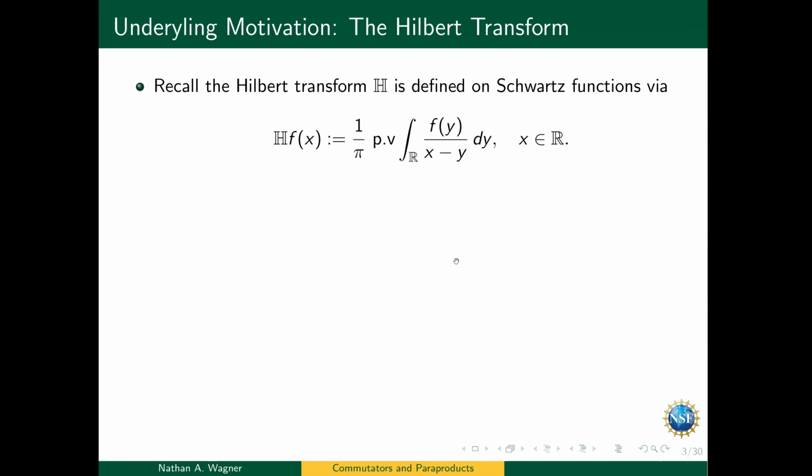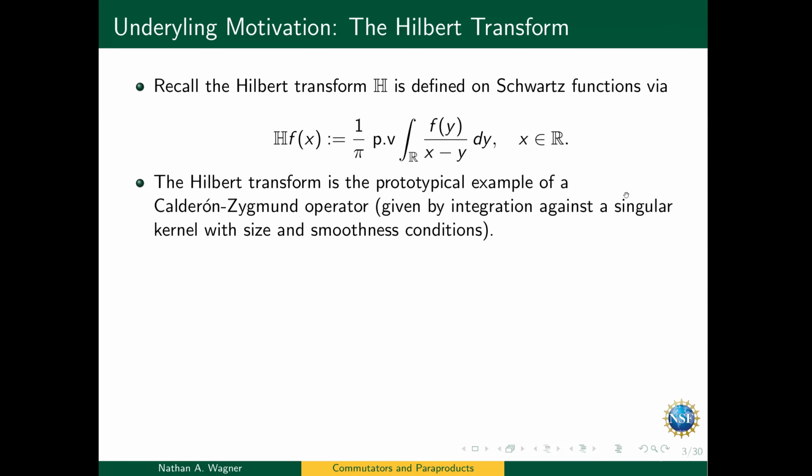Okay, so the story starts here. Just in the simplest possible case, we think about the Hilbert transform defined on Schwartz functions or convolution by 1 over x. It's given by this principal value integral.